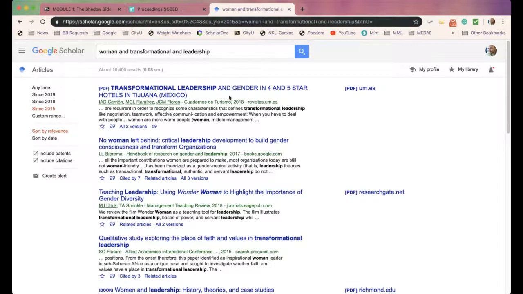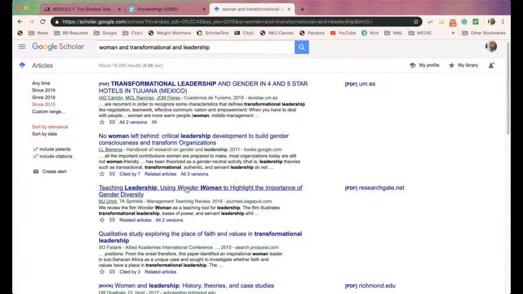So we have transformational leadership and gender in 4- and 5-star hotels in Tijuana. No Women Left Behind, critical leadership development to build gender consciousness and transform organizations. Teaching leadership, using Wonder Woman to highlight the importance of leadership and gender diversity. Okay, that looks good. That could be an article that we want to look at, and it has a PDF. So we could pull that down and look at the PDF.